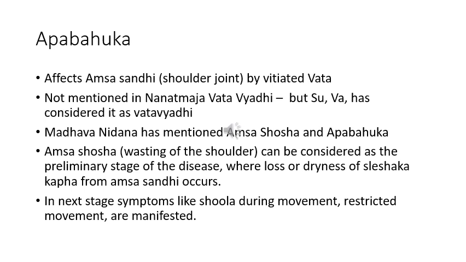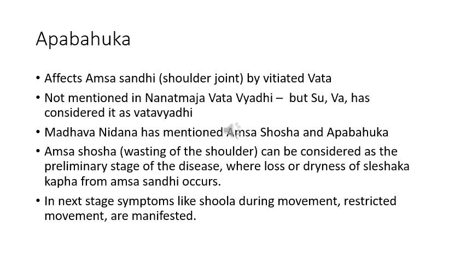So Madhava Nidana has mentioned different terminologies, that is Amsa-shosha and Apabahuka. Shosha is wasting of the shoulder. Amsa-shosha can be considered the preliminary stage of this disease, where there is a loss of Shleshaka kapha from the Amsa-sandhi.